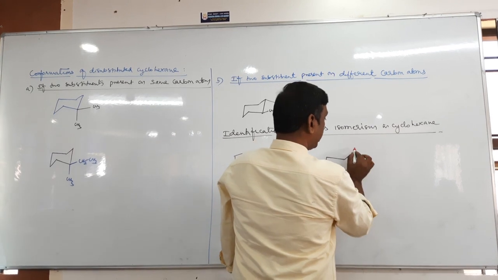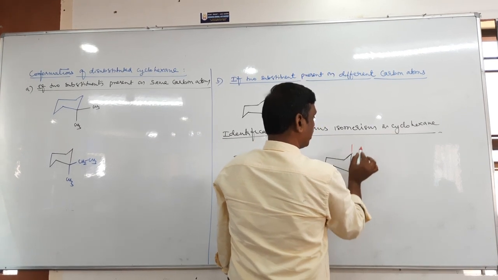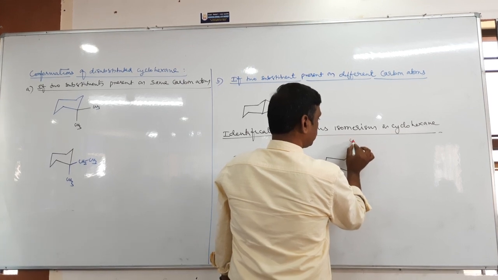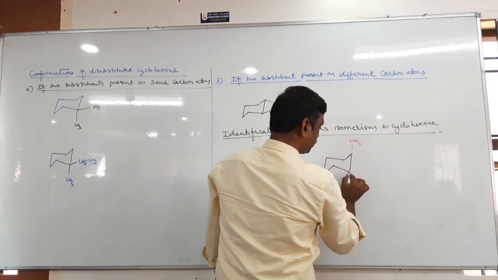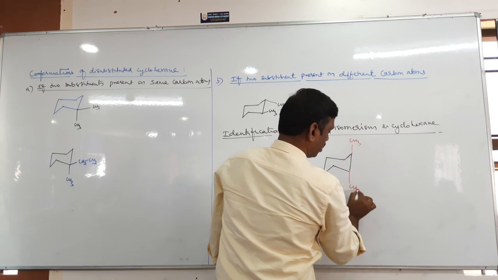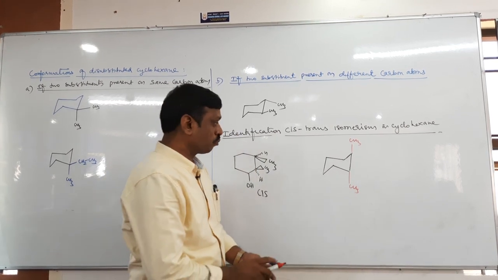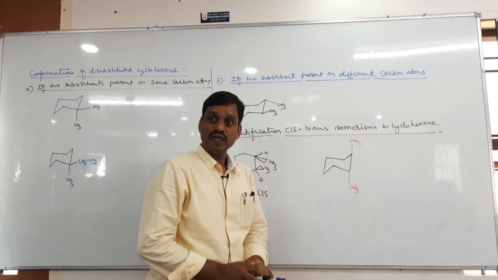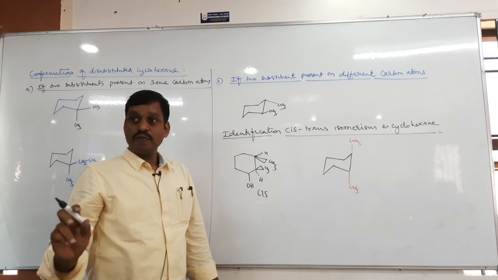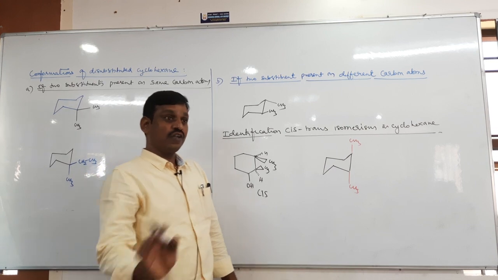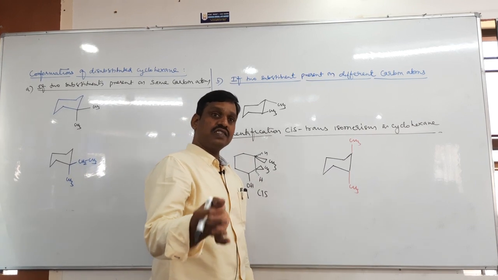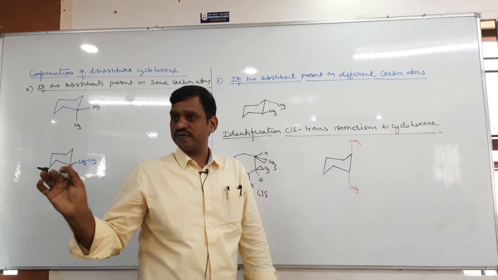Now tell me, if identical groups are present on same side, for example methyl and methyl, tell me, cis or trans? Here both are axial, but axial and equatorial is a different concept.